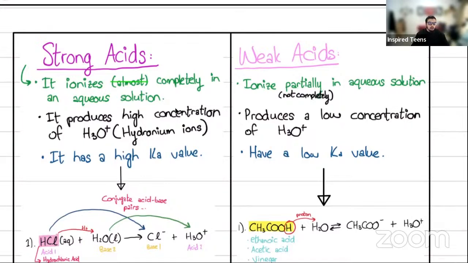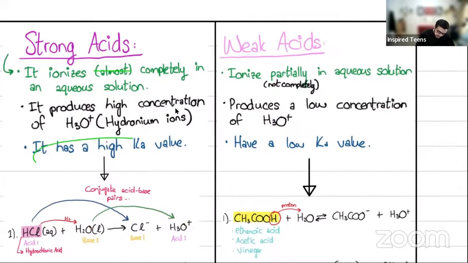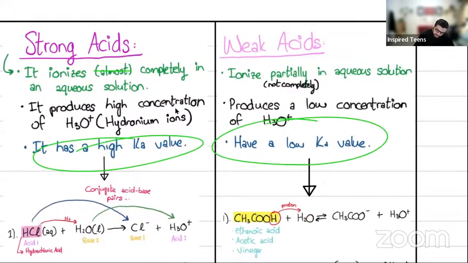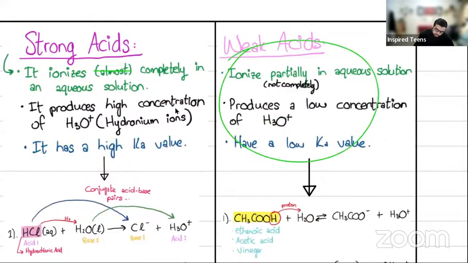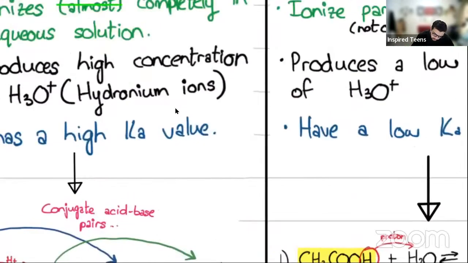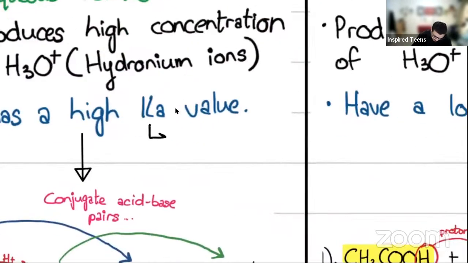Then we have something called the Ka value. A strong acid would have a high Ka value, and a weak acid would have a low Ka value. It all correlates with the word weak. What is Ka? Ka is simply what we call an acidity constant.